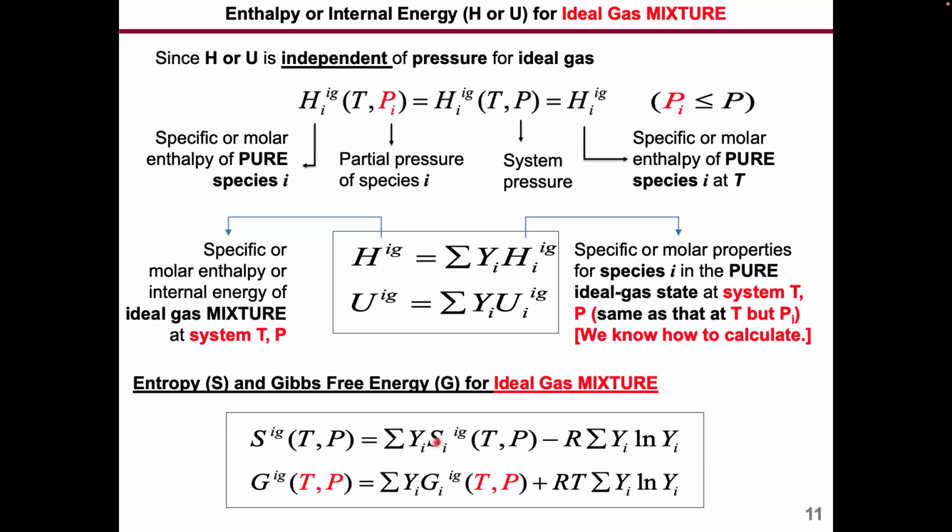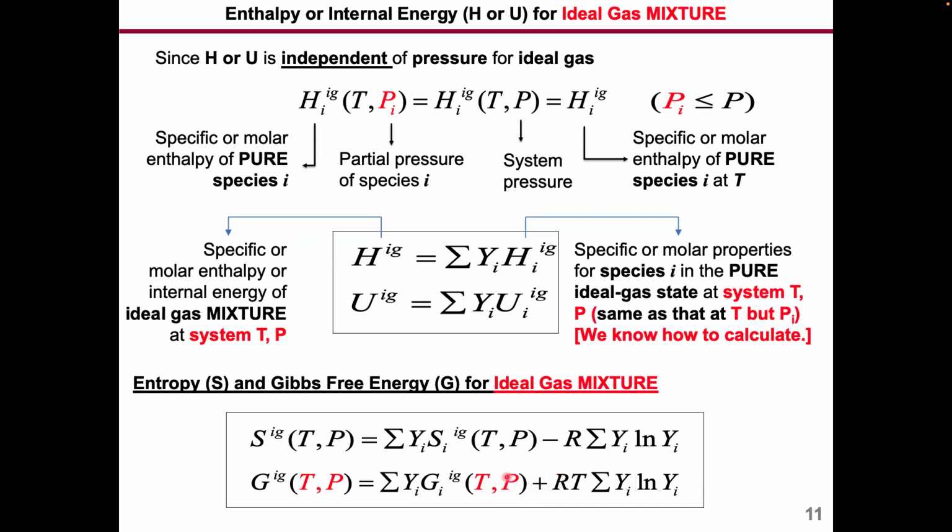So in the end, without going through all the derivation, this is the final answer for your S^IG mixture property: it is equal to summation of molar fraction times S_i^IG at system temperature, system pressure, but you need to subtract R times summation y_i ln y_i, okay? And same thing for G^IG, it is going to be the pure species property at system temperature, system pressure.